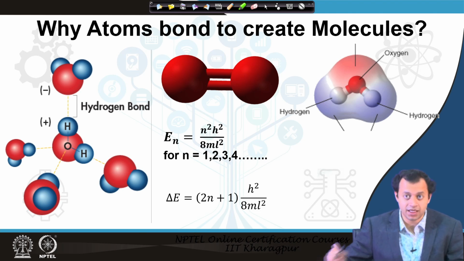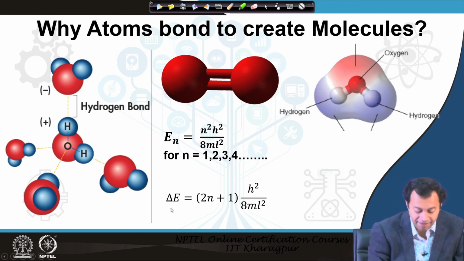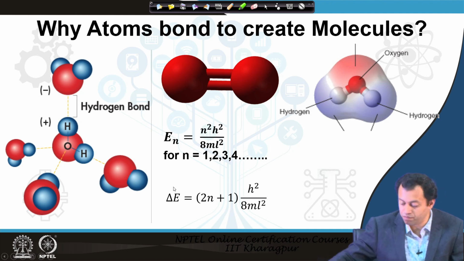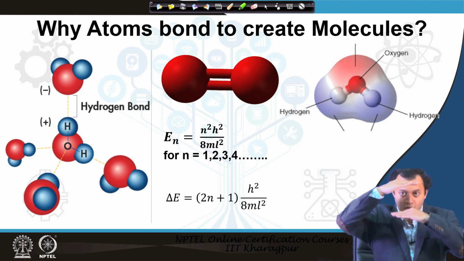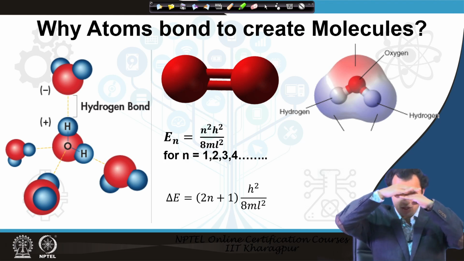Also, one more thing that I need to tell you, and that is this energy gap. Whenever we form a bond, this energy gap also reduces. Previously the discrete levels where electrons can exist were like this. After forming a bond, the gap reduces.